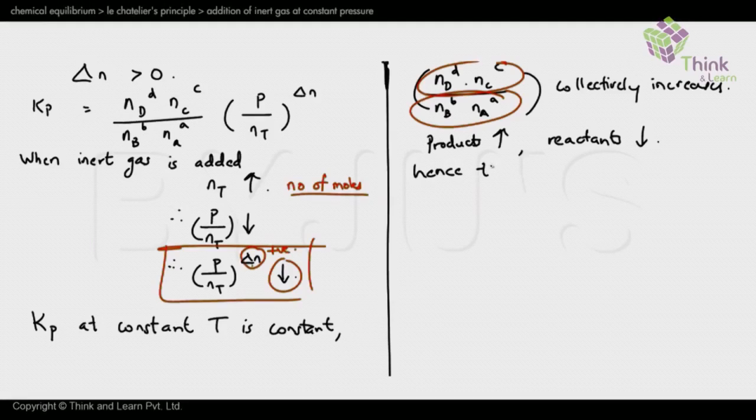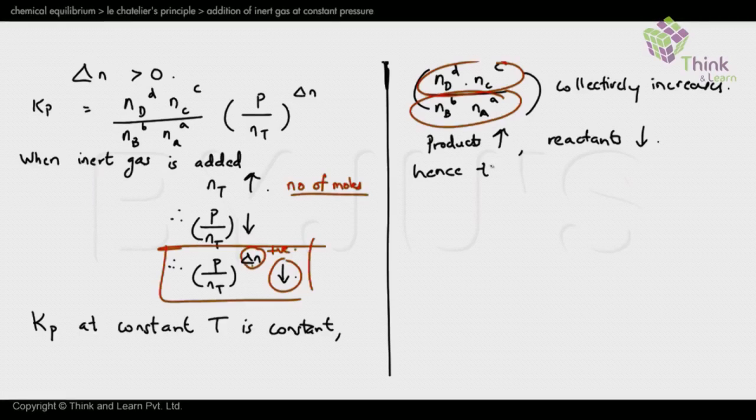Now because this term reduces, and Kp at constant temperature is constant, hence we should have Nd raised to D into Nc raised to C divided by Nb raised to B into Na raised to A. This term should collectively increase.